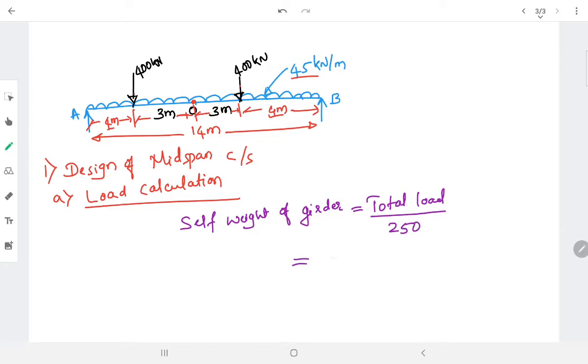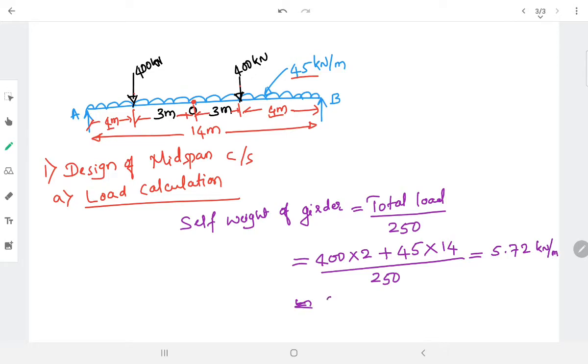Here total load on the girder, there are 2 point loads, so it is 400 into 2 plus 1 UDL 45 kilonewton per meter acting at 14 meter length, so it is 14, divided by 250, it comes around 5.72 kilonewton per meter. This is the self weight of the girder, so it can be approximated to 6 kilonewton per meter.